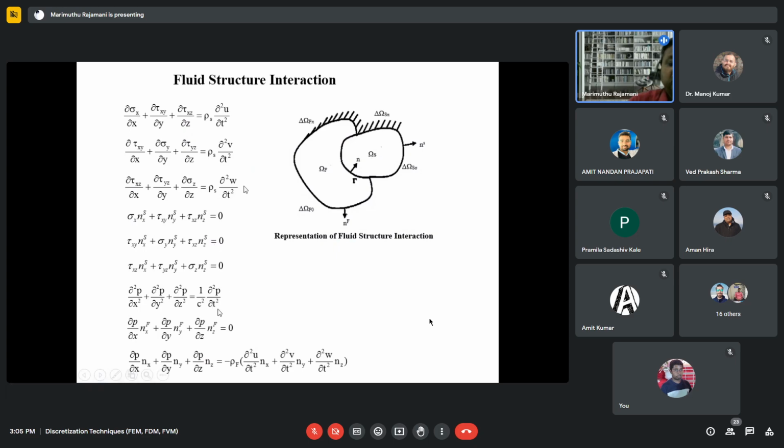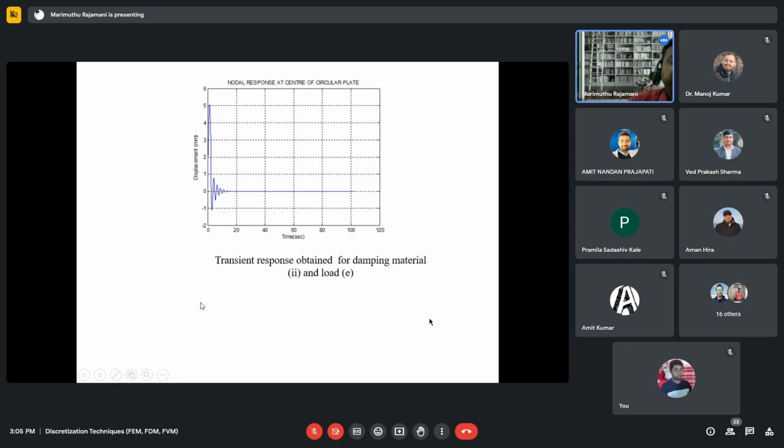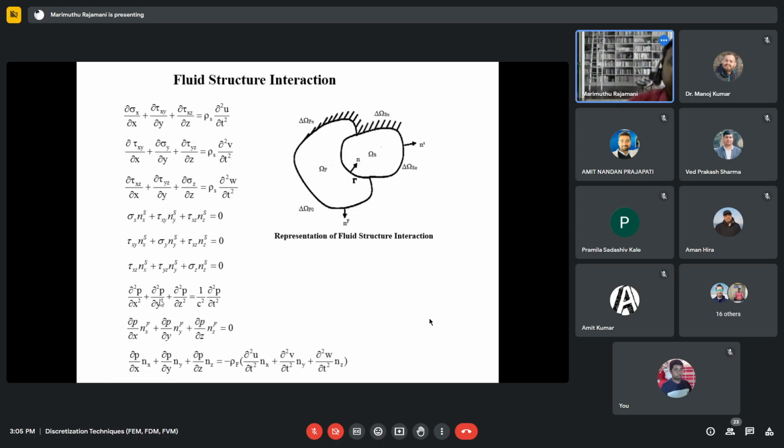Due to this term you will get mf, like ms you will get mf, and that becomes 0 for the incompressible fluid. So then you will end up with this equation only.